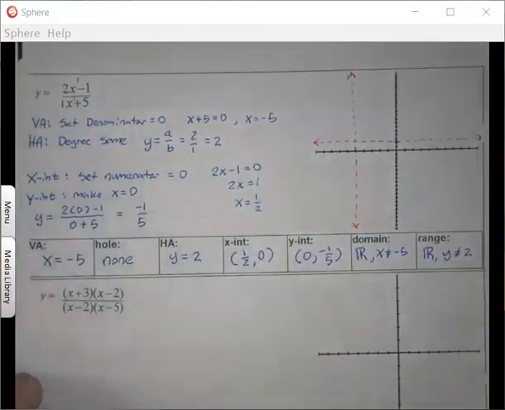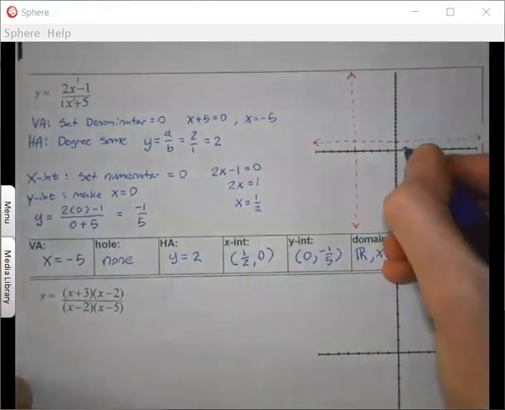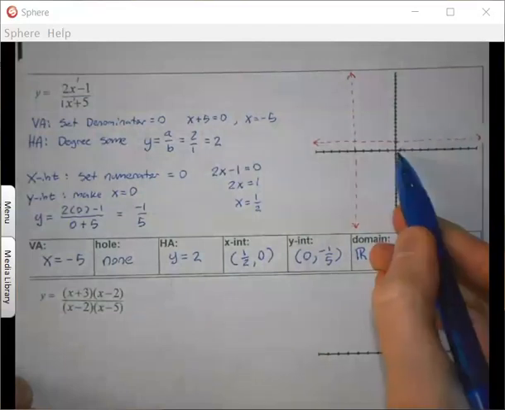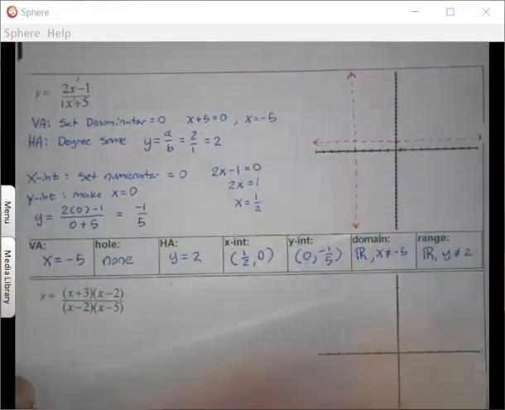Put in our intercepts. So x is 1/2, 0, it's about right there. And then when x is 0, y is negative 1/5.